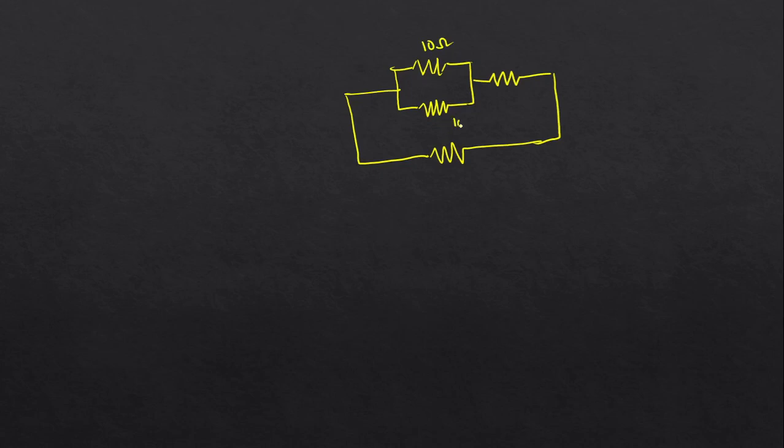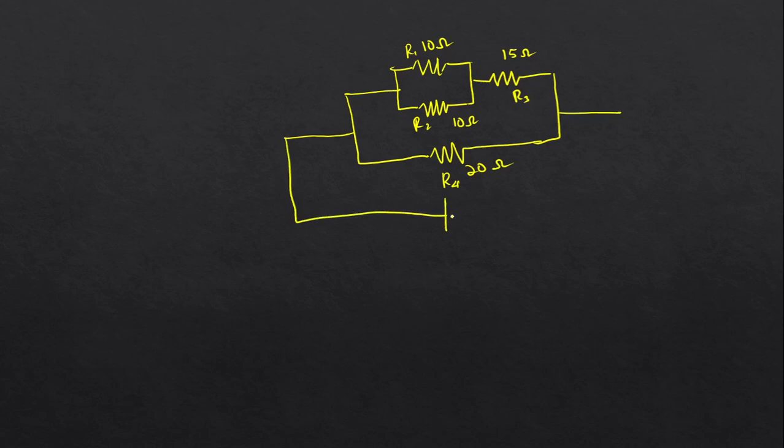This resistor also has a resistance of 10 ohm. And let's say this is R1, R2. R3 has 15 ohms of resistance, and R4 has, let's say, 20 ohms of resistance, and all these are connected to a 10 volt battery. This is the 10 volt battery.